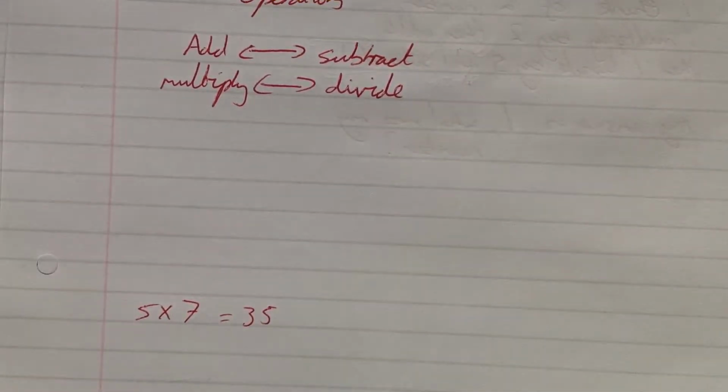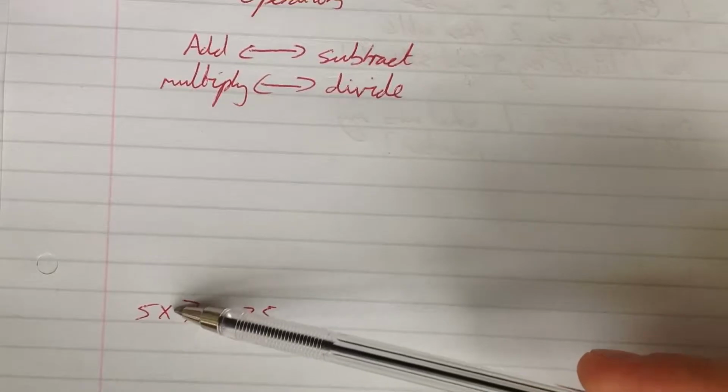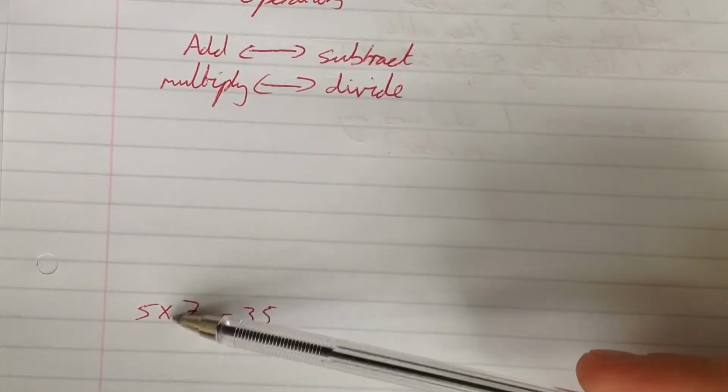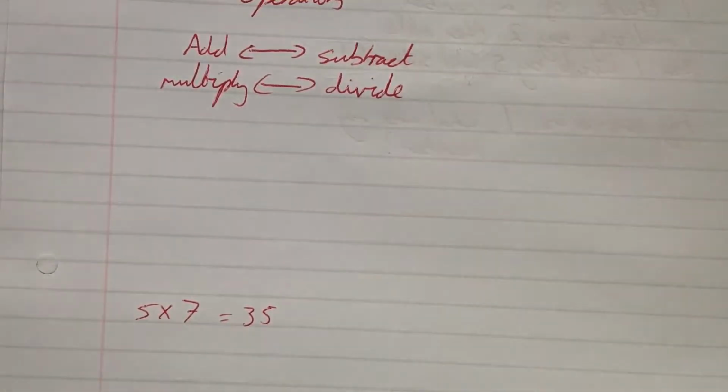So I've got a calculation here, 5 times 7 equals 35, and I want to know, is that a correct answer or not? Well, I'm going to show you two ways of checking this. Both ways involve doing the inverse of this operation, this multiply, and the inverse of that is divide. So on both occasions we're going to do a division.